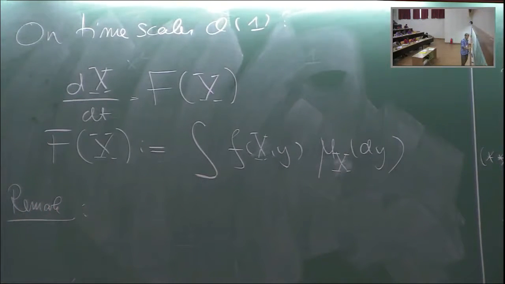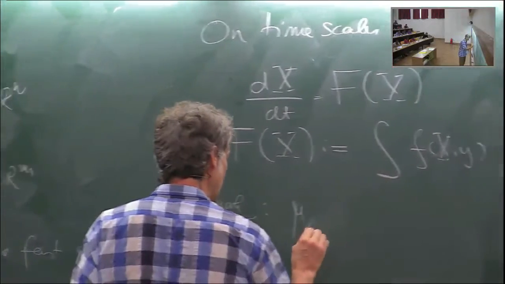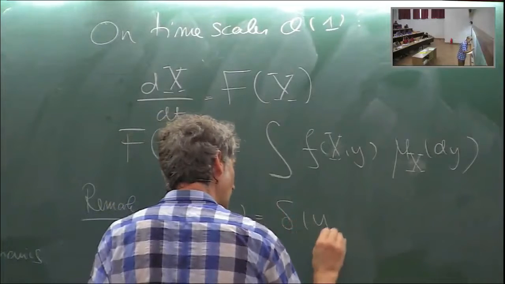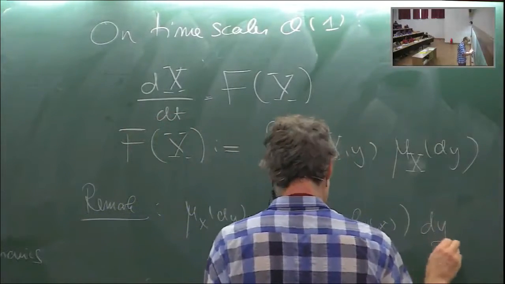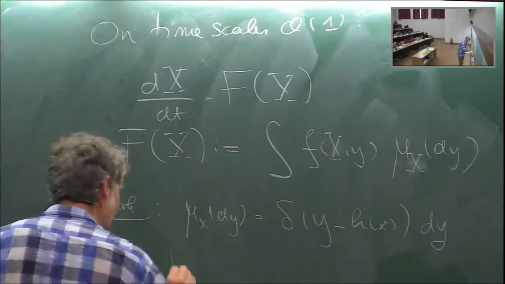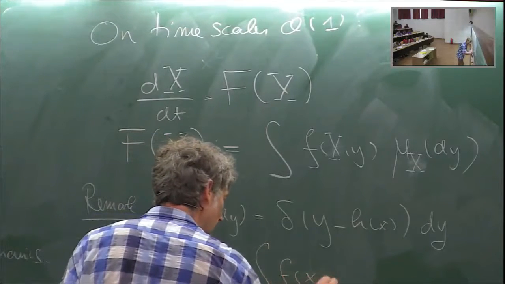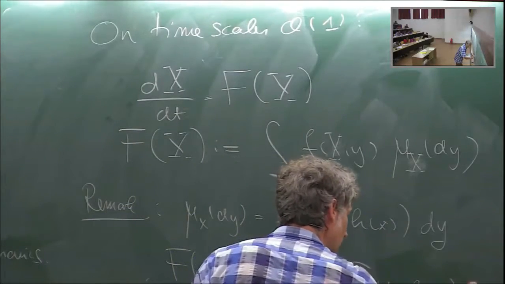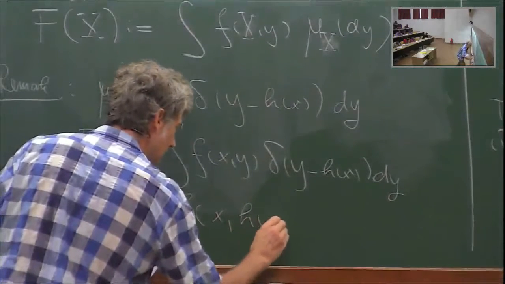So let's make a connection to center manifold theory. In center manifold theory, this mu_x(dy) is delta of y minus h of x, dy. So f bar of x would be the integral of f of x, y times delta of y minus h of x, dy, which is just f of x, h of x.